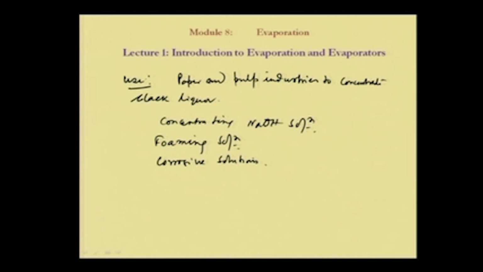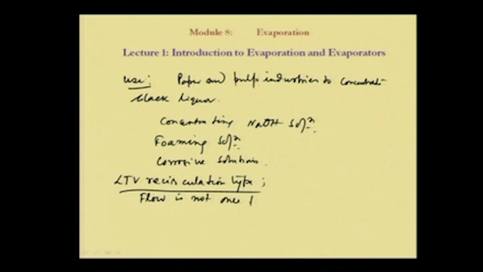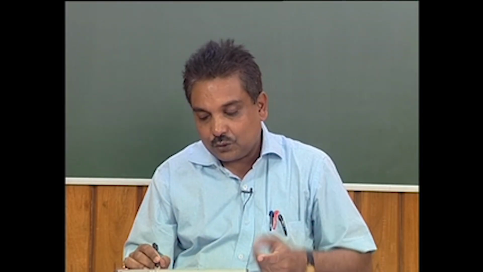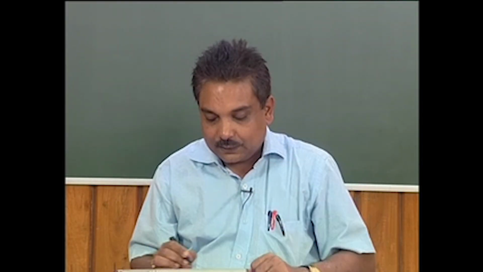Okay. Now, a similar kind is the long tube vertical recirculation type. It is similar, but here the flow is not once through. In the simple long tube vertical evaporator, the flow just goes through once, but in this case the flow is not once through, that means it is circulated.